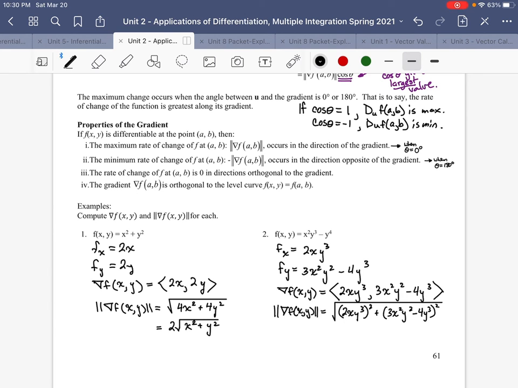So what this tells me is that regardless of what x and y are, if I wanted to go in the direction of steepest ascent from whatever that point is, let's say it's 0, 0, then I would just plug a 0, 0 into 2 radical x squared plus y squared, and that would give me the magnitude of the gradient vector, which is actually giving me a rate of change.